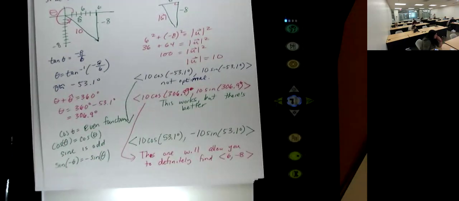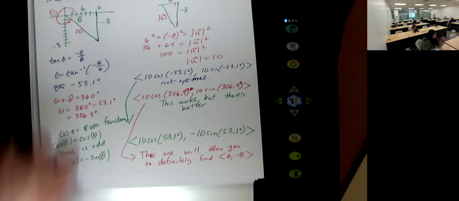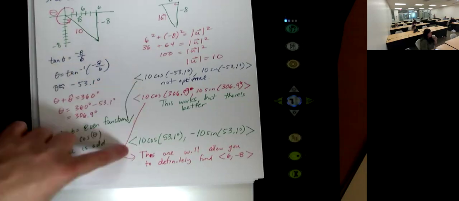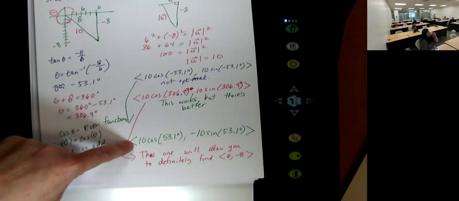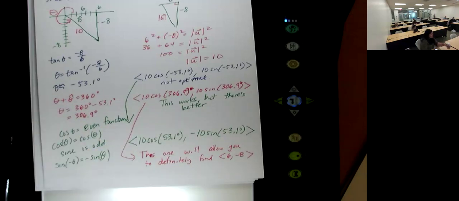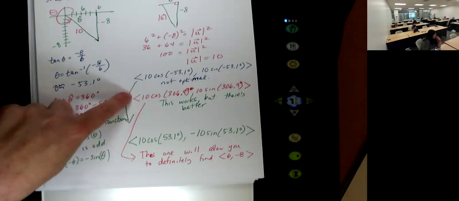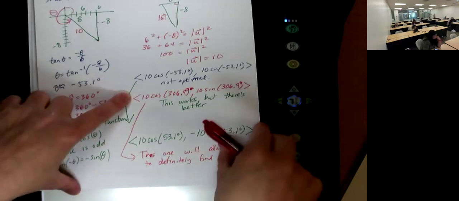You can pictorially see it from the angle. When we switch to this, we'll still get the same values. If we do this, we're still gonna get 6, -8 when you plug and chug. But this form is a little bit easier to see. We're rotating 306, it's really what it's saying.